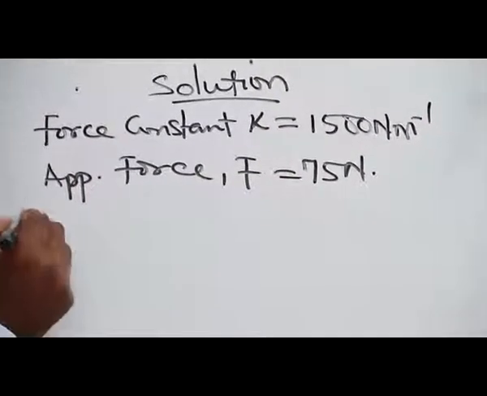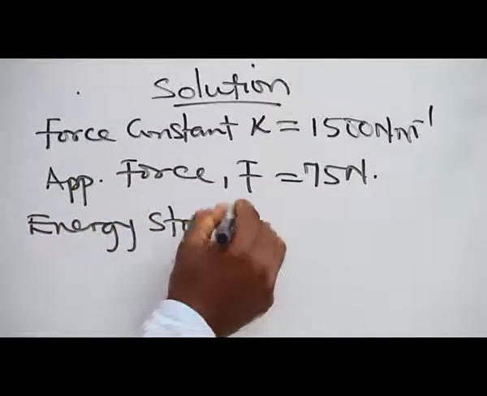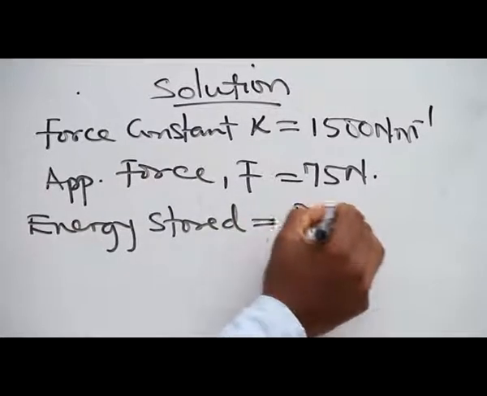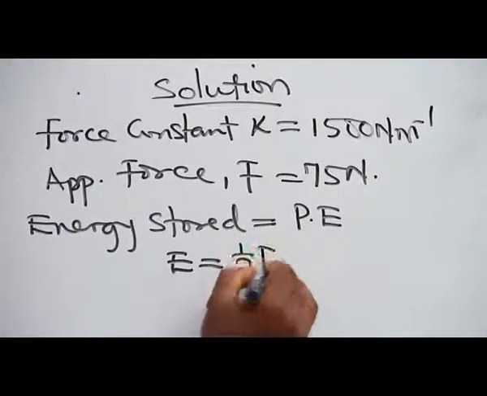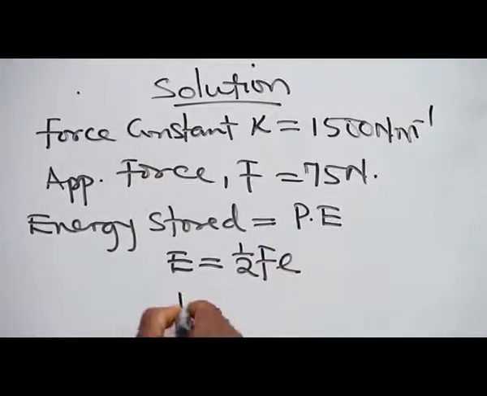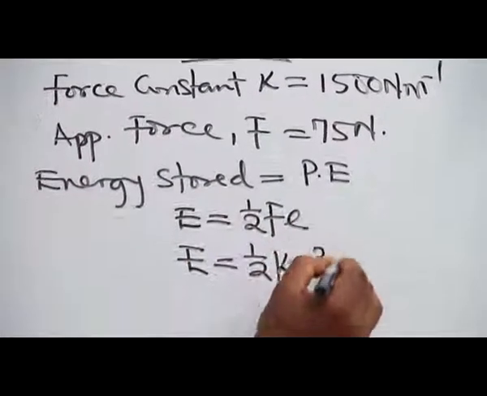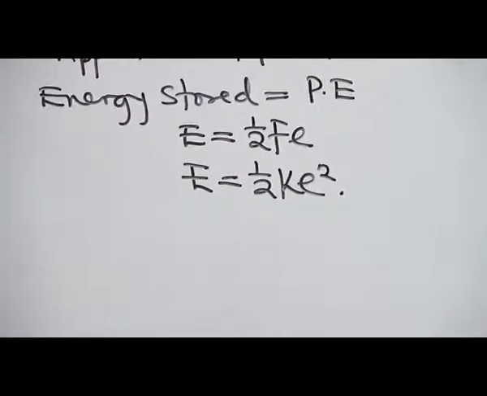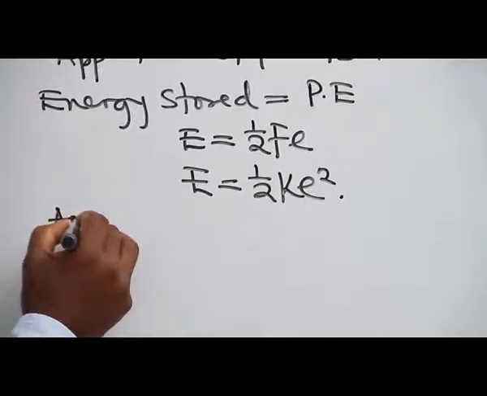The energy stored is the elastic potential energy. So this energy is obtained using half Fe, e being the extension, or we use half Ke squared. We can see from both formulas that we need the extension e.